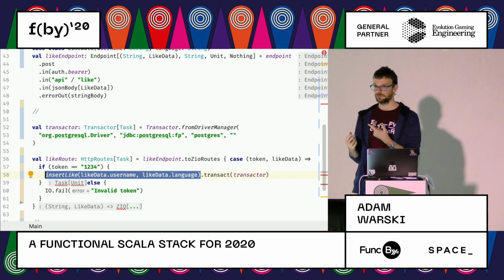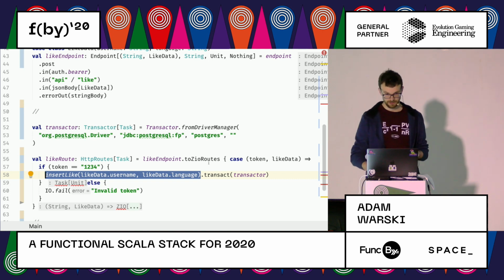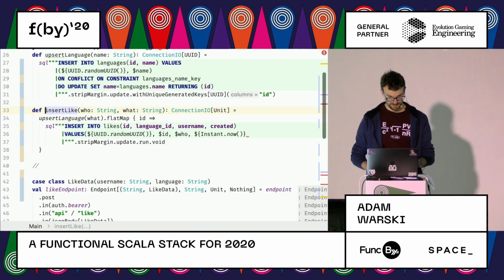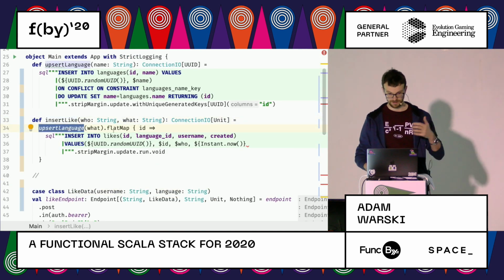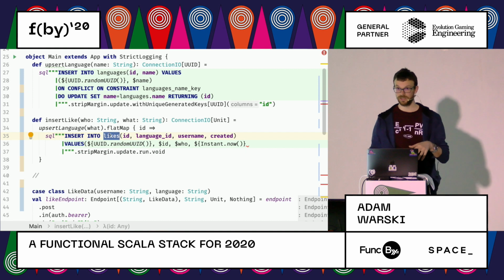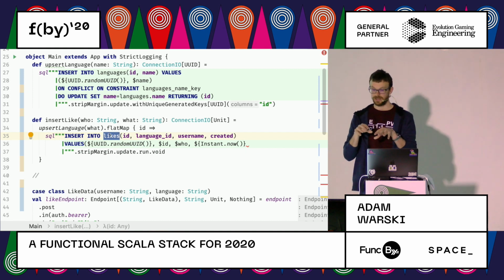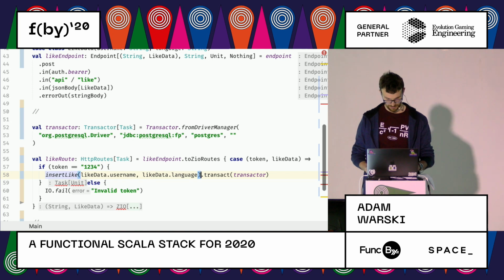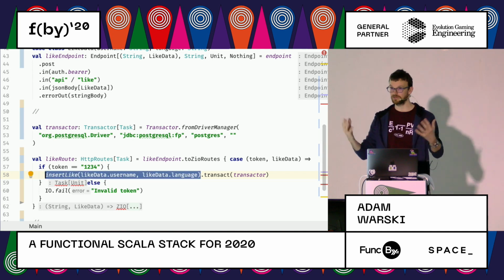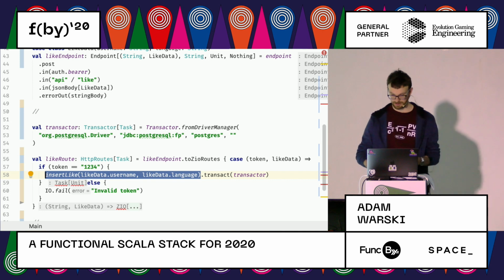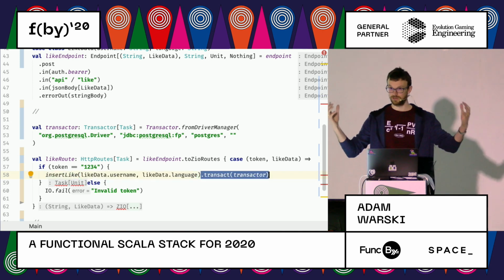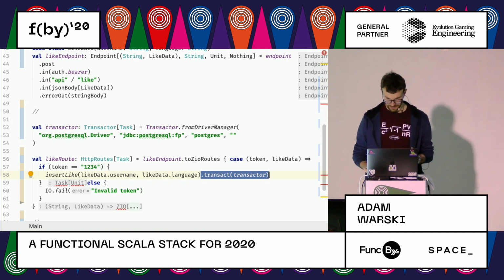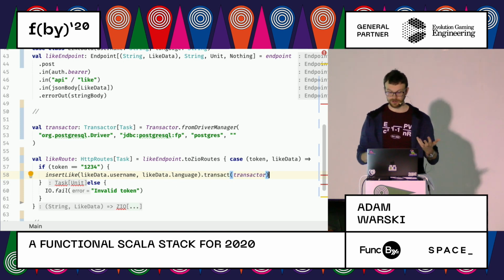There are two operations over there, if you can remember, that are sequenced, right? The insert like is a sequence of the upsert and the insert over here. So these are going to be run in a single transaction, because the whole description, which is a composite description, will be run in a single transaction, because we run the transact on the composite thing.